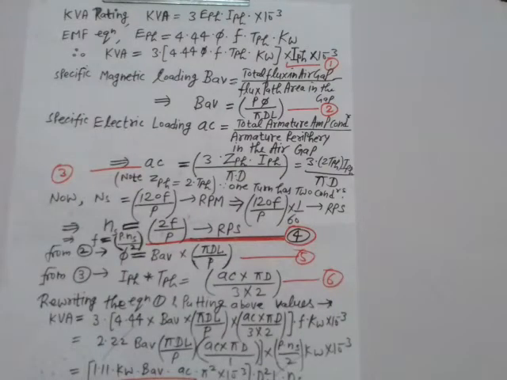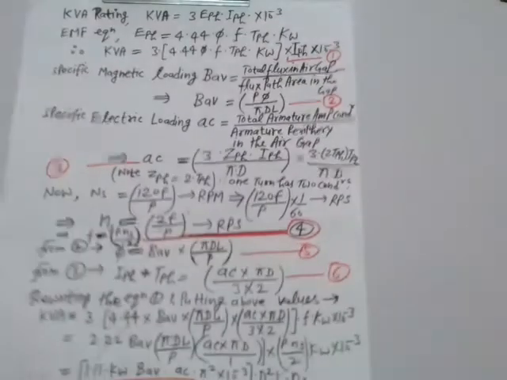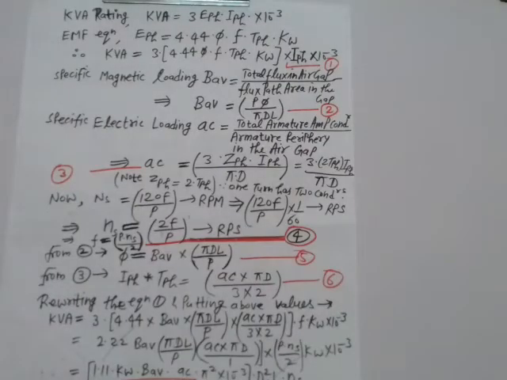So that is basically the area. When I talk about pi DL, that means you have to take this area.